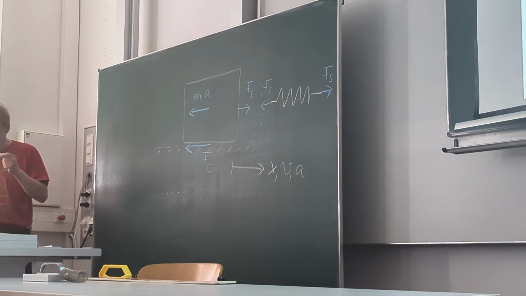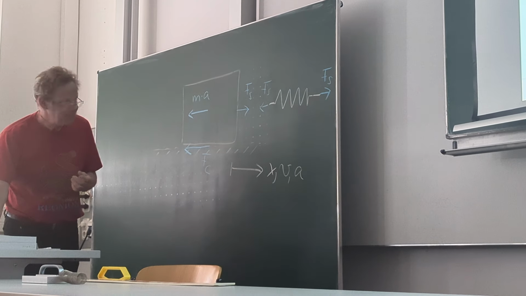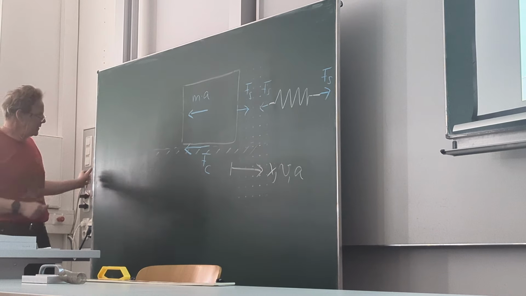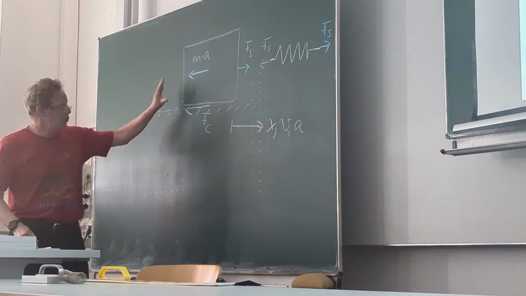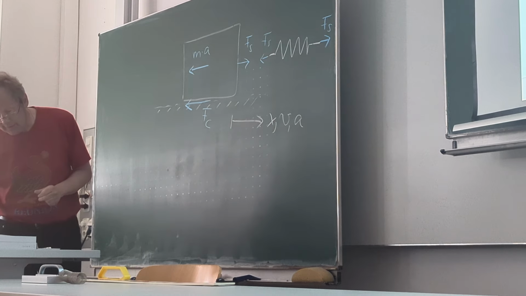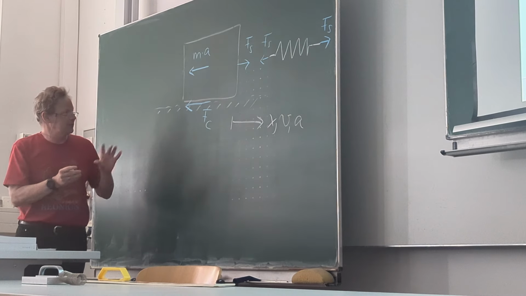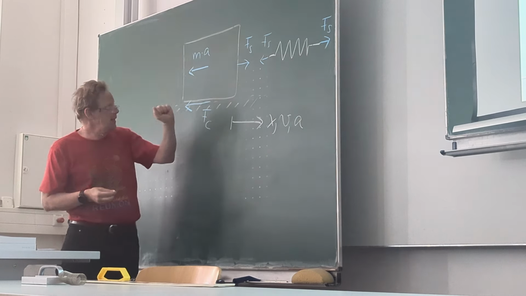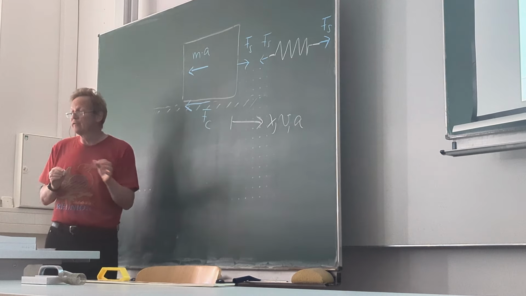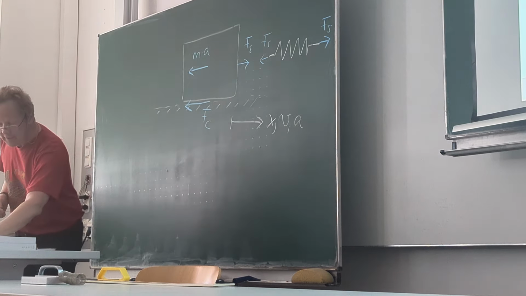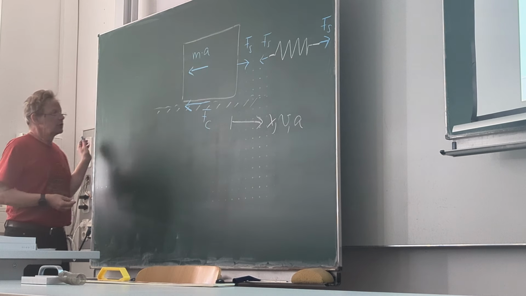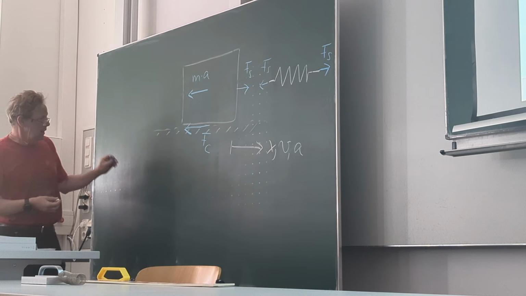And now let's go again into the two cases. Or let's first start with balance. We have three forces, and that is valid for every case, and that means the sum of these three forces is 0.